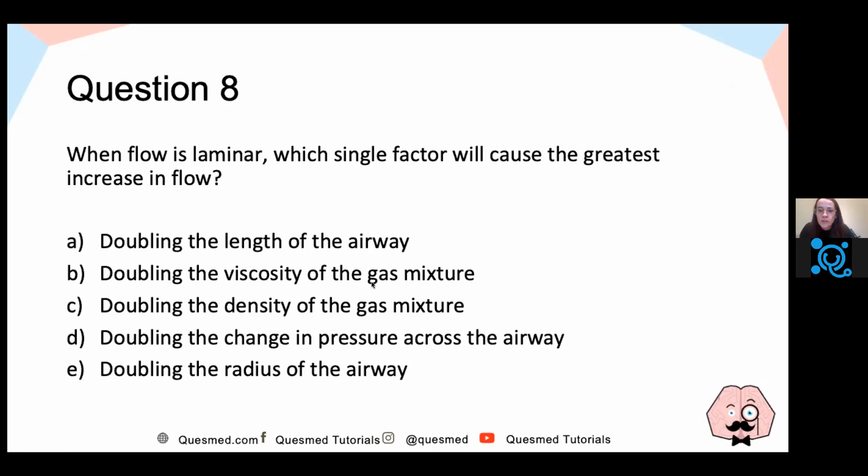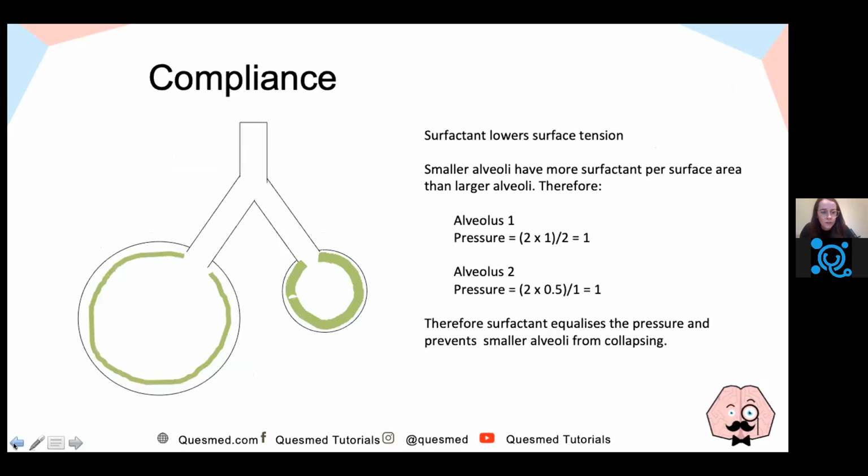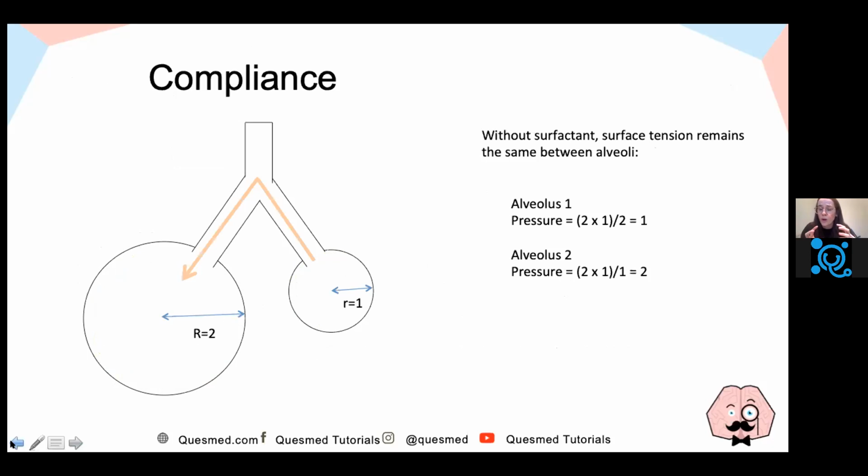Okay, so surface tension. So I can explain surface tension. So surface tension is the inward pull. It's essentially the inward pull between a fluid and gas or fluid and fluid interface. So that's the reason why bubbles are round, because it essentially pulls that interface in to create the smallest surface area possible.